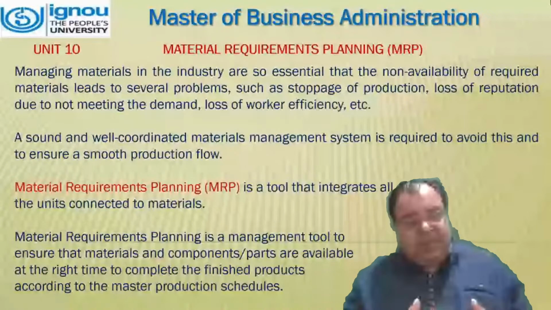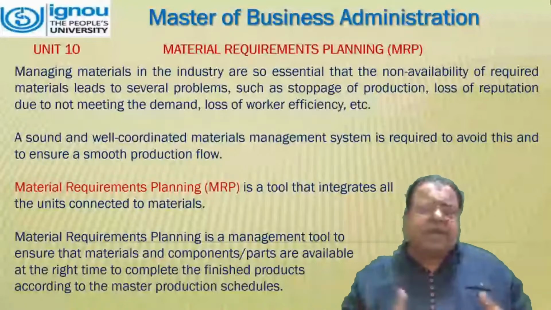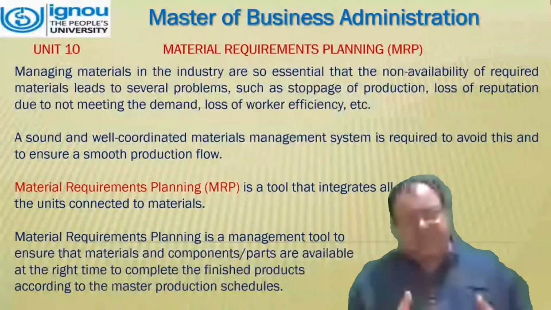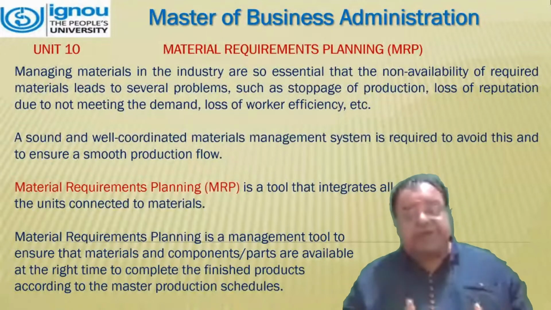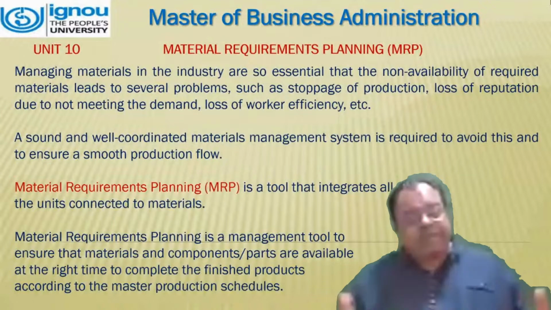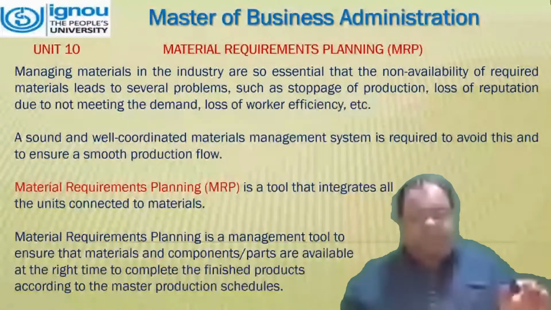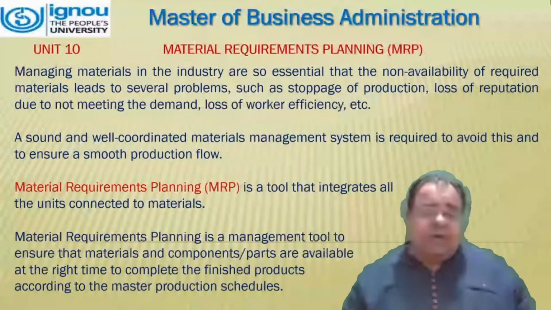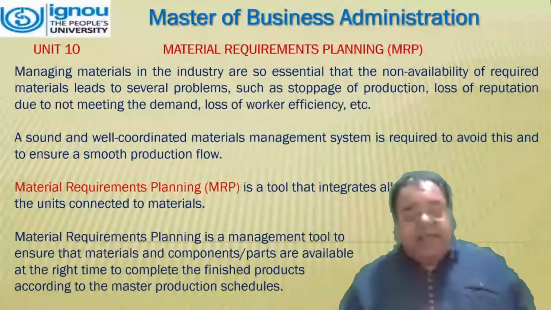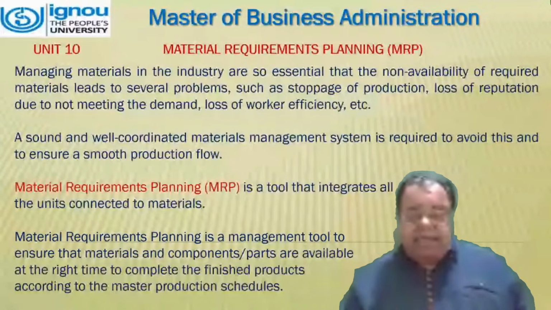Managing material in the industry is so essential that the non-availability of required material leads to several problems such as stoppage of production, loss of reputation due to not meeting the demand, loss of worker efficiency, etc. A sound and well-coordinated materials management system is required to avoid this and to ensure smooth production. MRP is a tool that integrates all the units connected to materials.